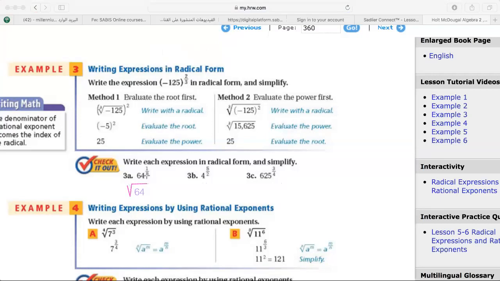So the denominator here is 3, so the index here will be 3. So the cube root of 64. The cube root of 64 is 4, because 4, when I multiply it 3 times, gives me 64.